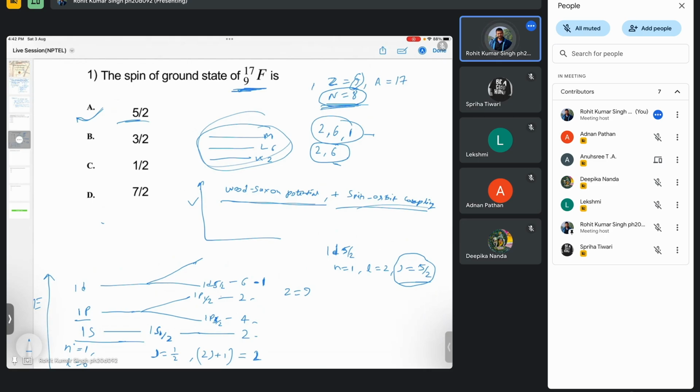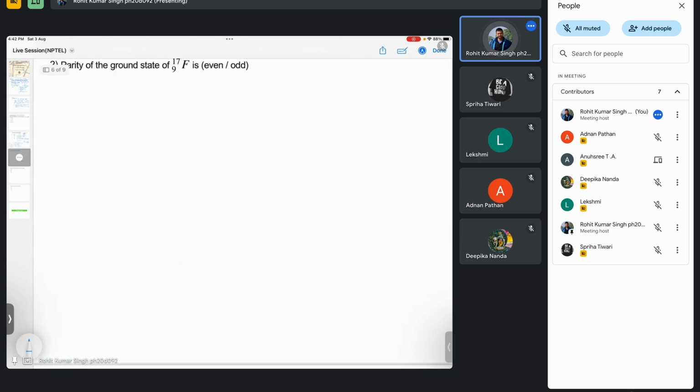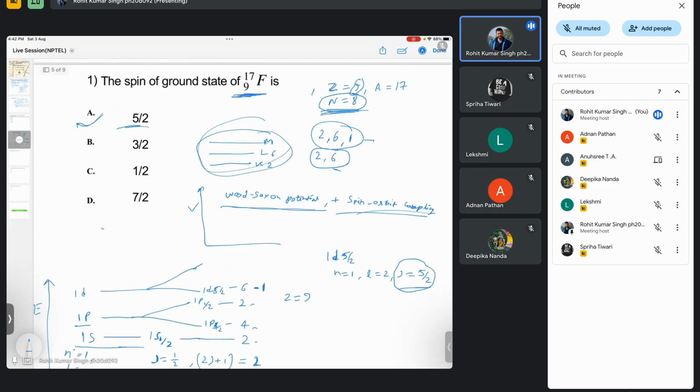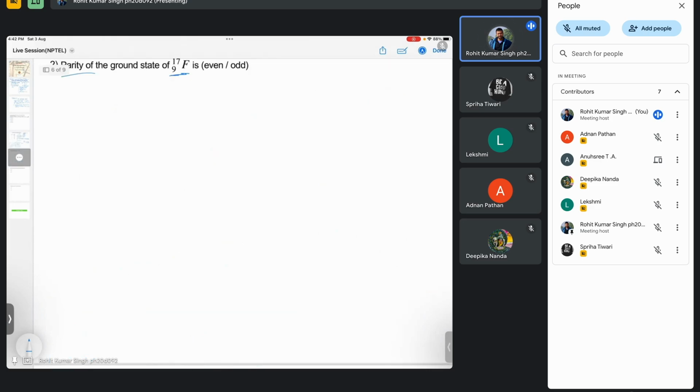Okay, so a similar problem is there. Same fluorine nuclei, and we have to find the parity. So we just found out that the state in which the unpaired proton will lie is 1d 5 by 2, right?